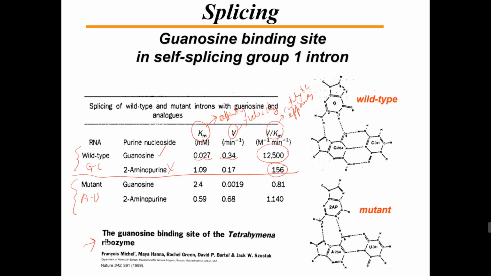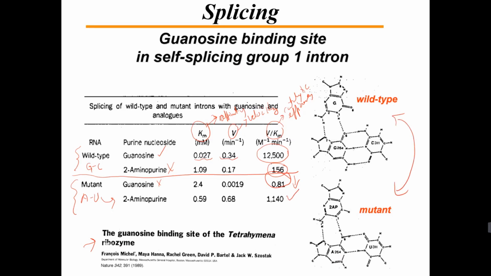Using the double mutant, AU, in the presence of guanosine cofactor, we saw that catalytic efficiency decreased tremendously. However, if 2-aminopurine was supplied to the double mutant, you were able to restore activity. So you can look at the two different combinations of the wild type with the mutant.